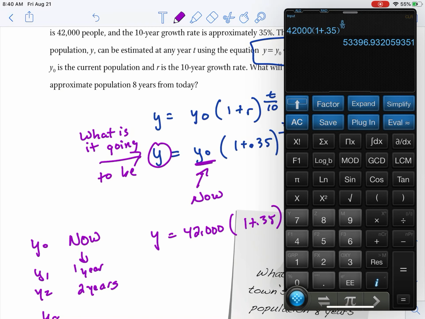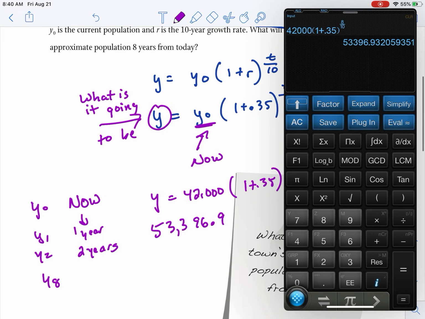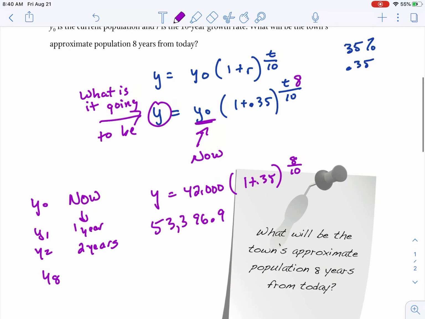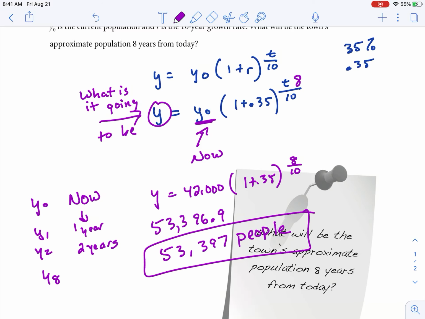There you go, 53,396.9, okay, 53,000. But now this is a word question, so I need a word answer. These are people, so 53,397 people. You can't have 0.9 of a person.